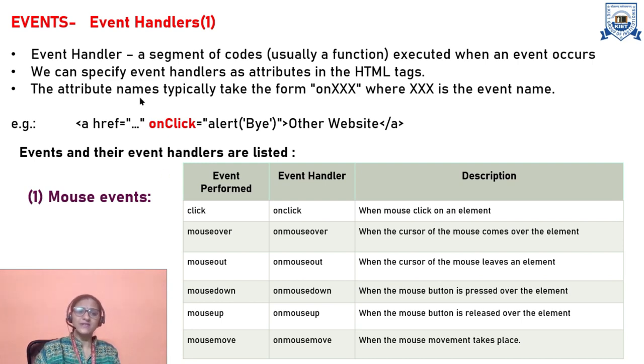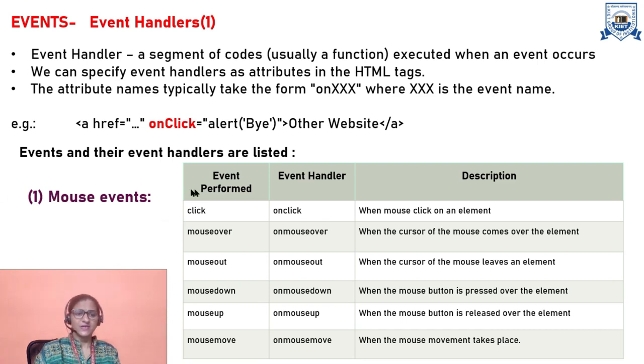The attribute names typically take the form of on followed by XXX, which can be replaced with any event name, for example onclick, onsubmit. Here we have given a reference for onclick. As soon as we click, an alert window appears with the message bye.